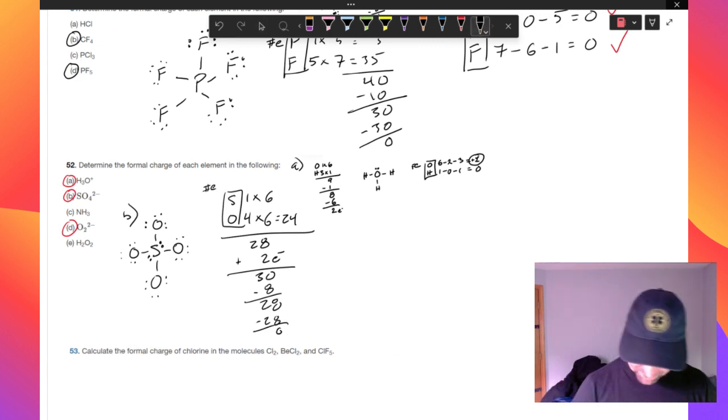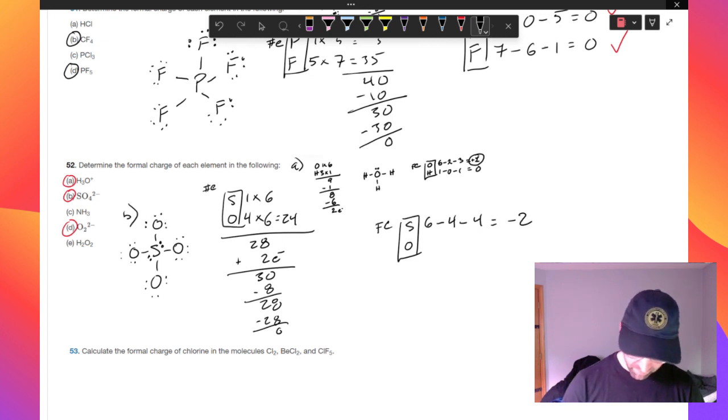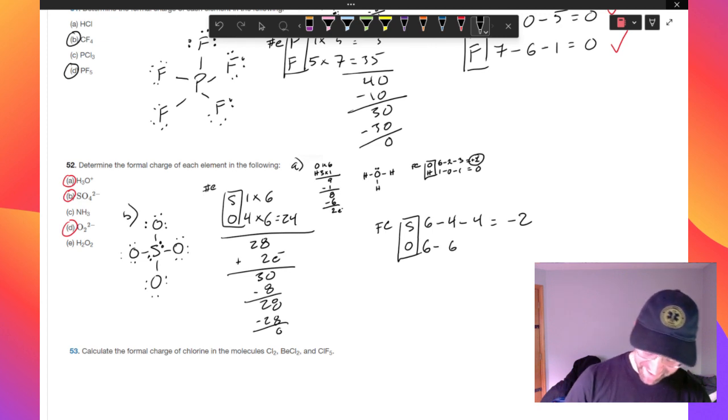we have to look at our formal charges. We started with 6. We have 4 lone electrons and 4 bonds. Gives us a formal charge of -2. Each oxygen started with 6, has 6 lone electrons and 1 bond.